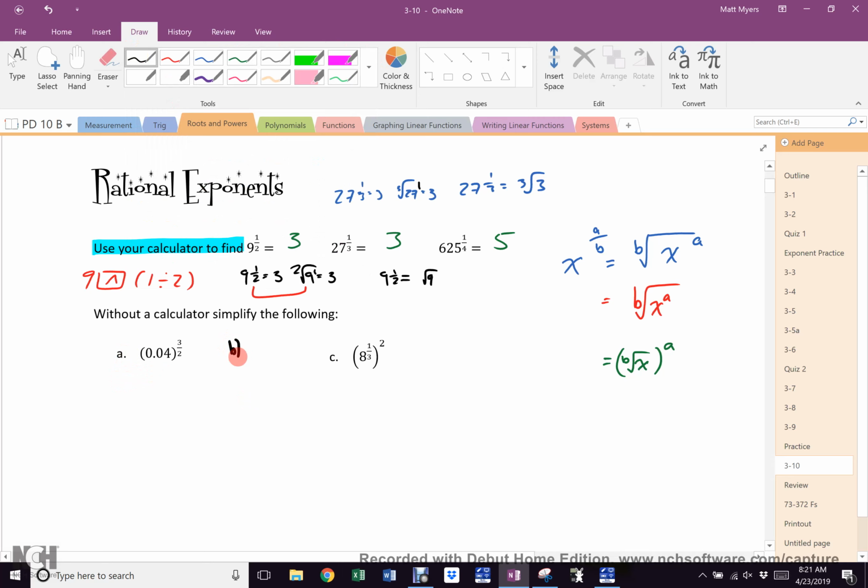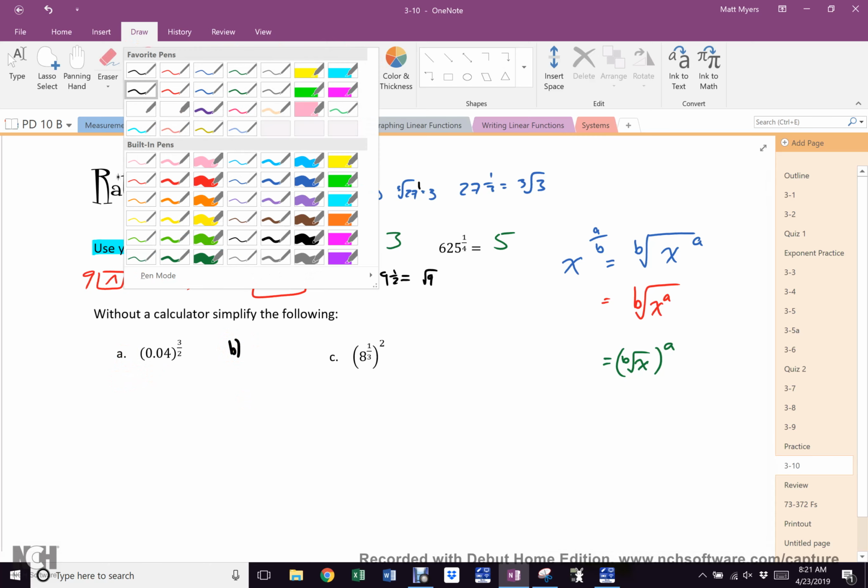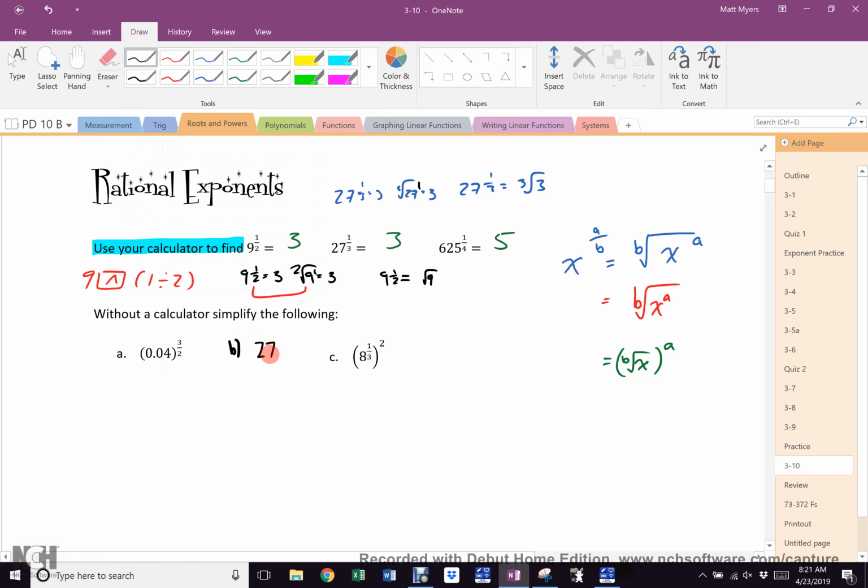And if I'm not mistaken, it was the 27 to the 4/3. Yeah? Okay. Now, please notice, the base becomes the radicand. The denominator becomes the index. The numerator becomes the power.